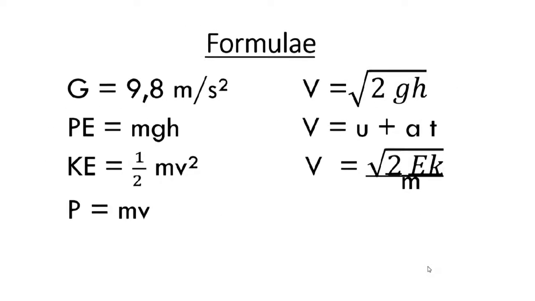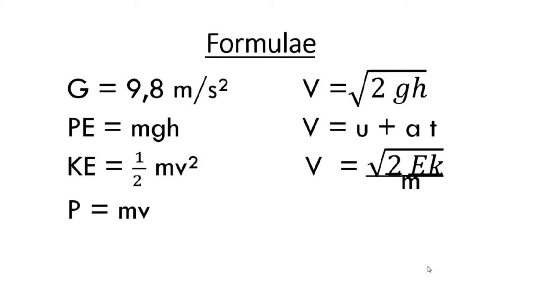When we are calculating time, we are going to use the kinematic equation where we are saying V is equal to U plus AT. What does V represent? V represents final velocity, U represents initial velocity, plus A, which is acceleration.